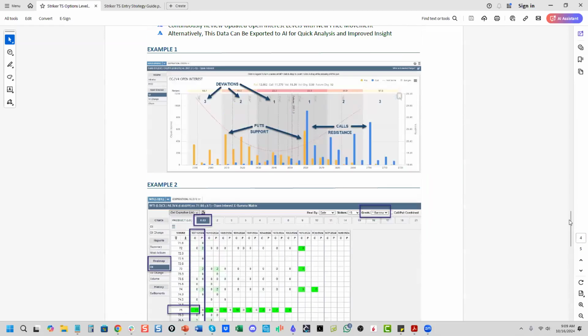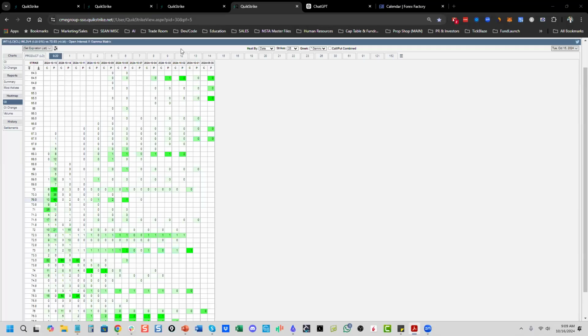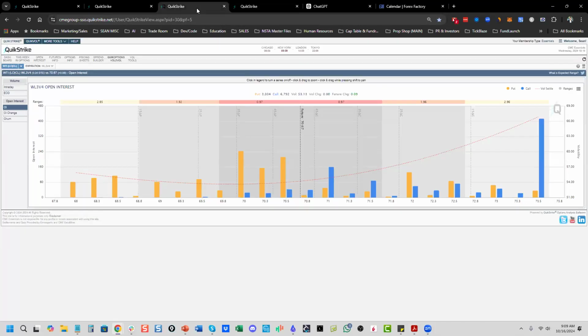If you just wanted to do it visually, it would be difficult for you to do gamma. You could visually do this easily. I can teach you how to plot these levels easily on the chart.